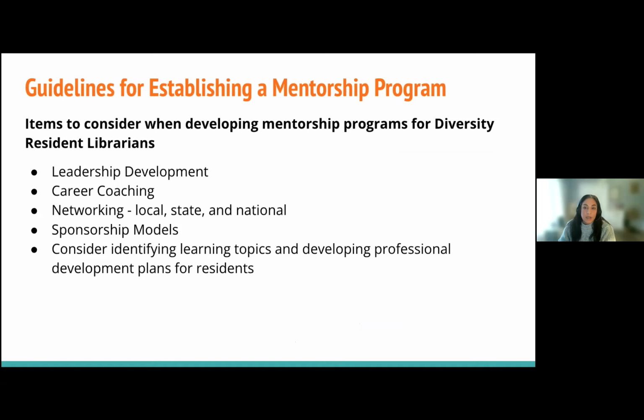And so the last section within the mentorship guidelines focuses on providing additional resources for continued support beyond mentorship models. So for example, embedding or developing a plan for leadership development was something that we found was missing across multiple institutions. So consider what your institution is doing to support career development. Could career coaching be a place or a model that your library may implement?